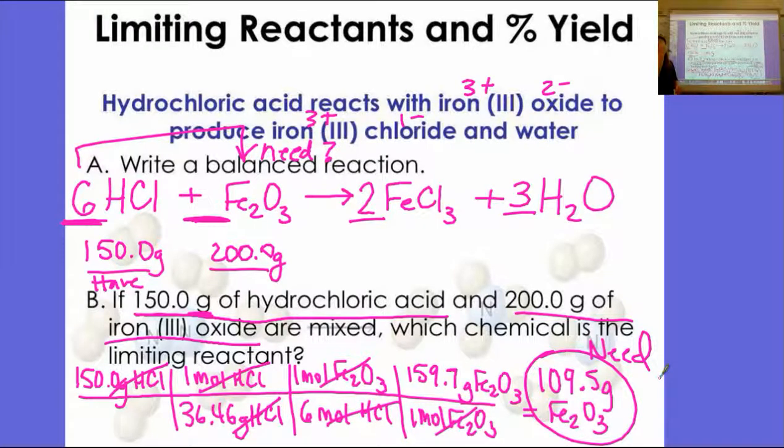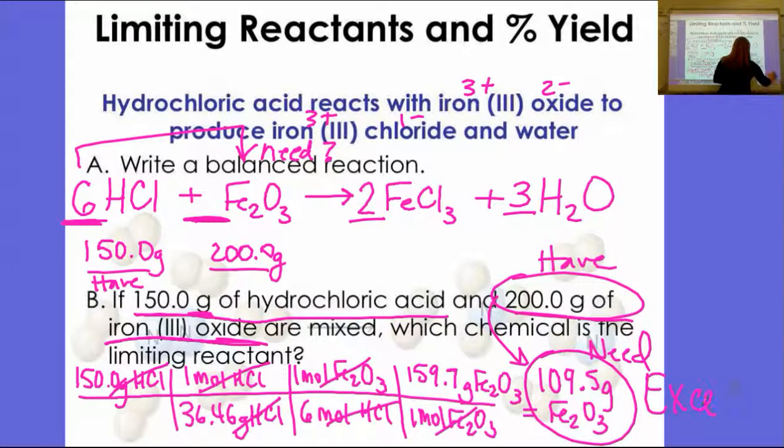Again, comparing the proper things is key here. Grams of iron oxide, I have 200. I only need 109.5. So again, this one turns out to be my excess. If Fe2O3 is my excess, then HCl must automatically be my limiting reactant.